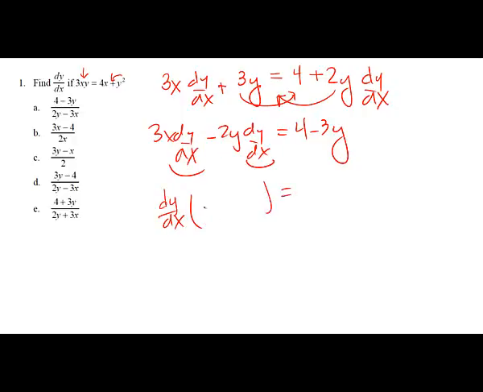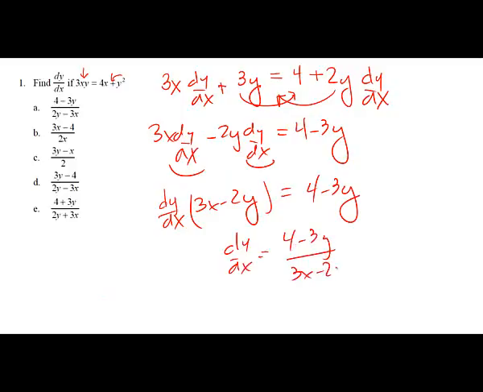Okay, so what's left behind? Good, equals 4 minus 3y. All right, what are we going to do with this? Divide it. So dy/dx equals (4 minus 3y) over (3x minus 2y). Is that one of our choices? Not that one. It's not one of our choices right now, right?